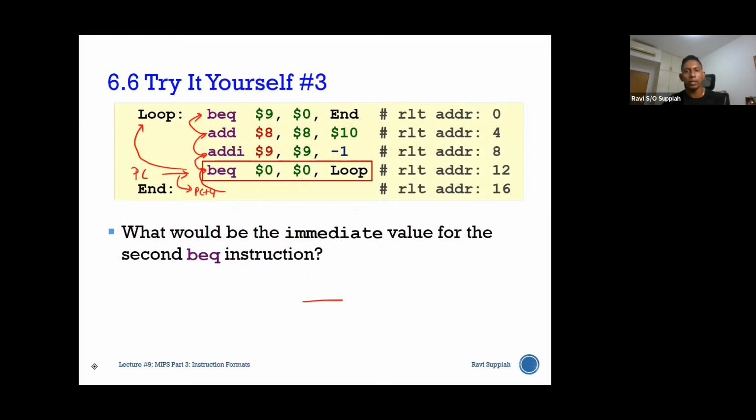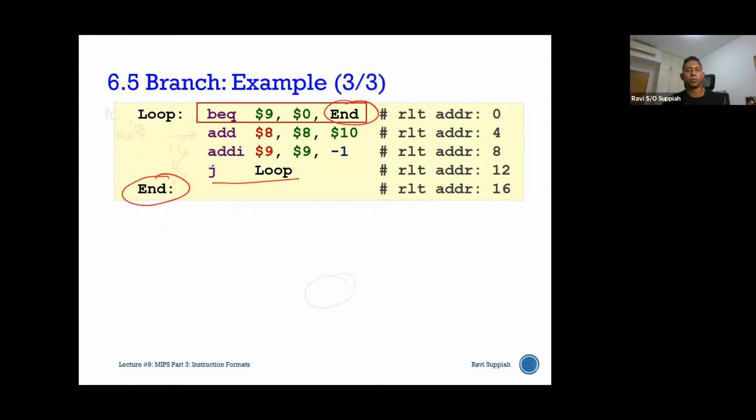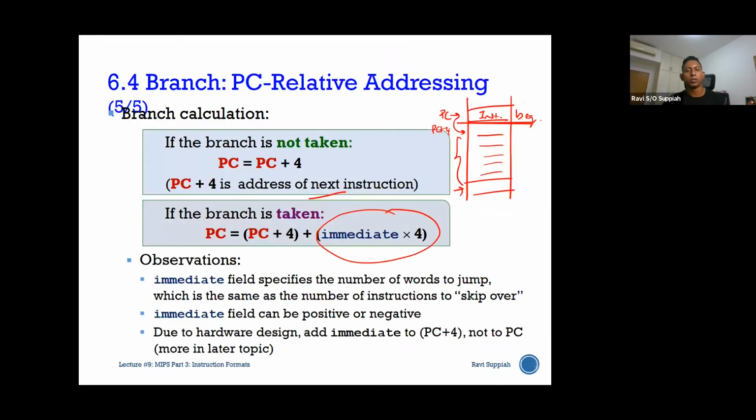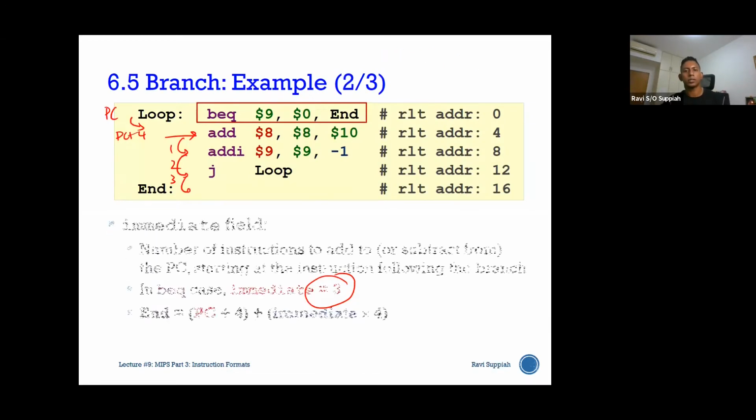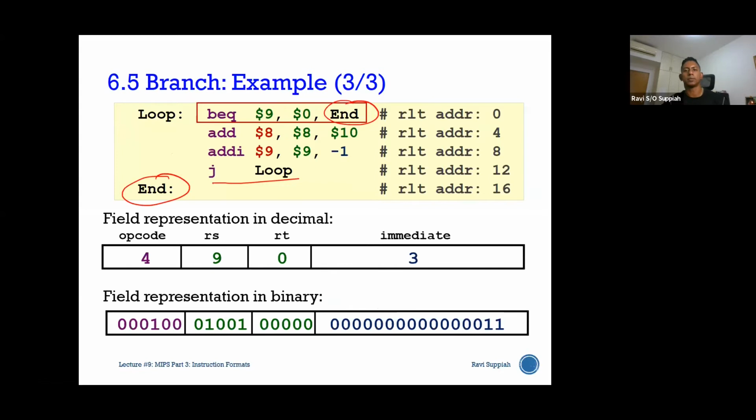In our BEQ, we use the PC as the offset mechanism, correct? So we say that the PC will be the baseline, and then from there we do the offset. That helps us overcome this. But in jump instructions, I have more bits now.